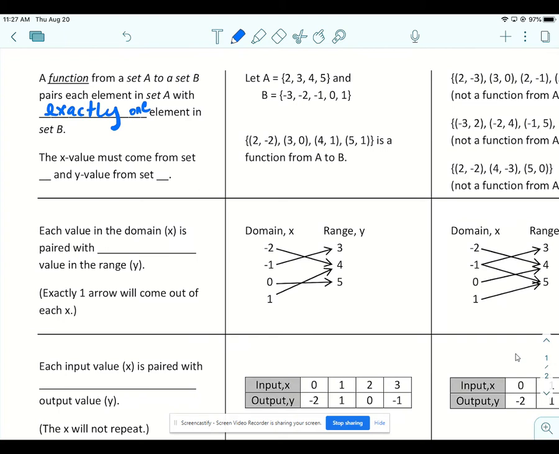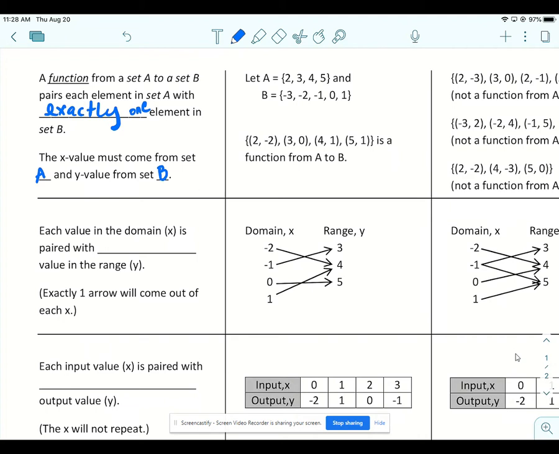A set can just be a group of numbers, letters. It could actually be really anything. So when we're deciding if sets are a function from A to B, the x value must come from set A, and the y value must come from set B.